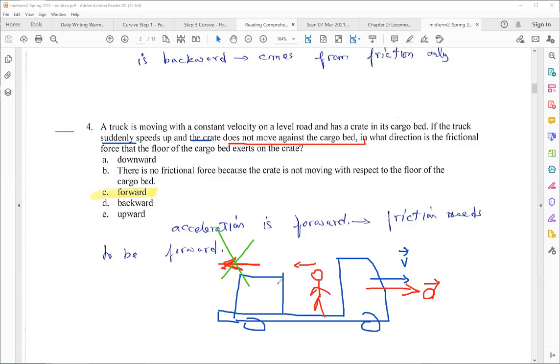So the only force that can prevent it, of course, you're not standing here to pull this crate, has to come from the surface, and it has to be friction, and it has to oppose the backward motion. So what is this direction? This direction is pointing forward. So that's exactly what we have here. Option C is forward. I hope it's clearer, Fatima.